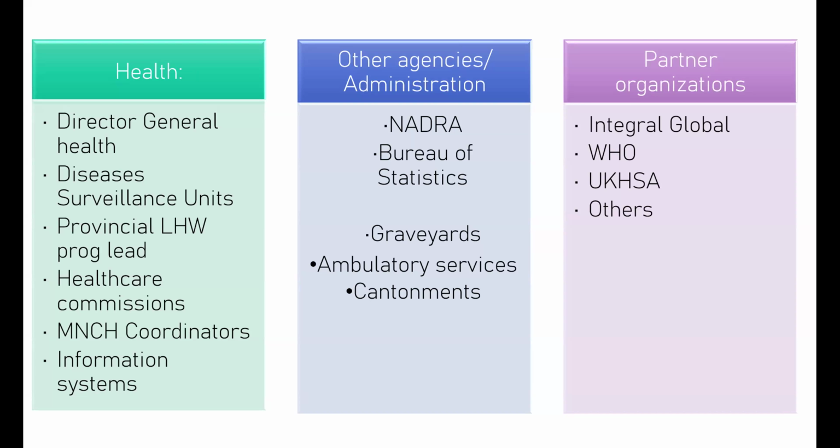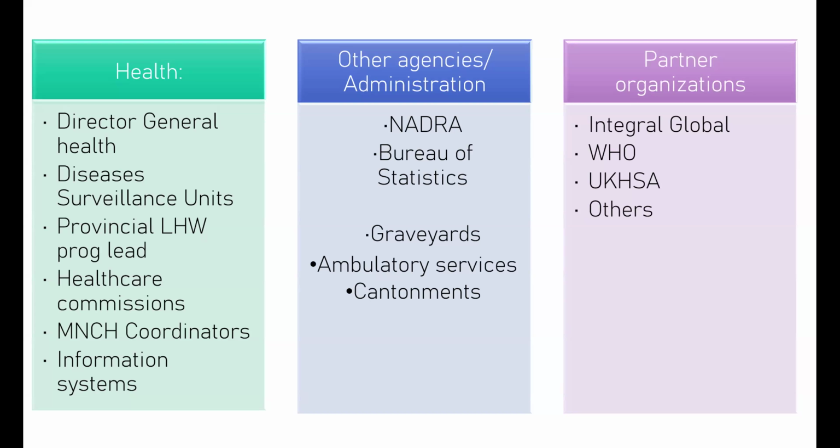And there are other agencies and administration, particularly the National Database for Registration and Bureau of Statistics, and the graveyard people, because there are many communities that have no access or very poor access to the healthcare system, so their information is not at all being reported in any kind of healthcare establishment. So these are very, very essential components of our data with regards to death notification and causes of death.